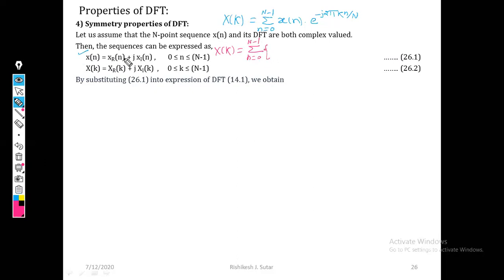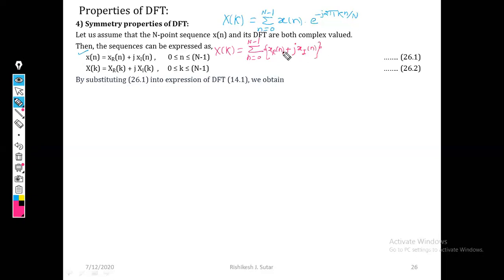Instead of x of n, I can write this complete x sub r of n plus j x sub i of n.